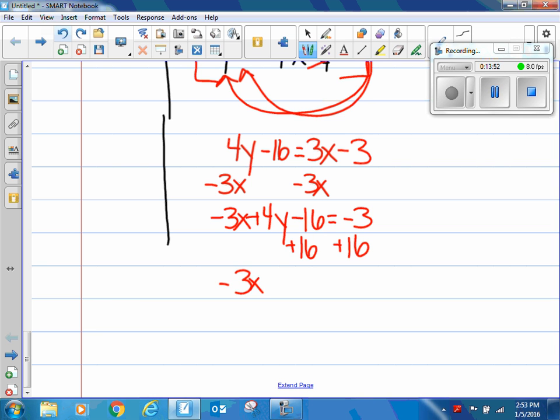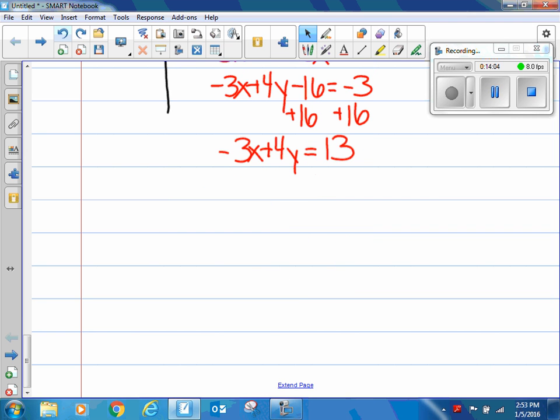Negative 3x plus 4y equals 13. Am I done? Not quite yet, but I'm close. I have a negative A, and I cannot have a negative A. So I have to get rid of that. Divide everything by negative 1. So 3x minus 4y equals negative 13.